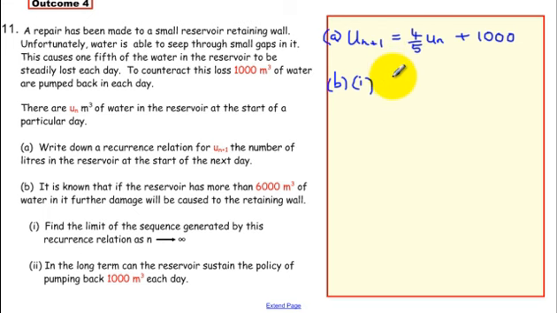In the long run, the values of Un+1 and Un will be the same. So if we let L equal Un+1 equal Un in the recurrence relation formula, Un+1 = 4/5 Un + 1,000, we get L is equal to 4/5 times L plus 1,000.